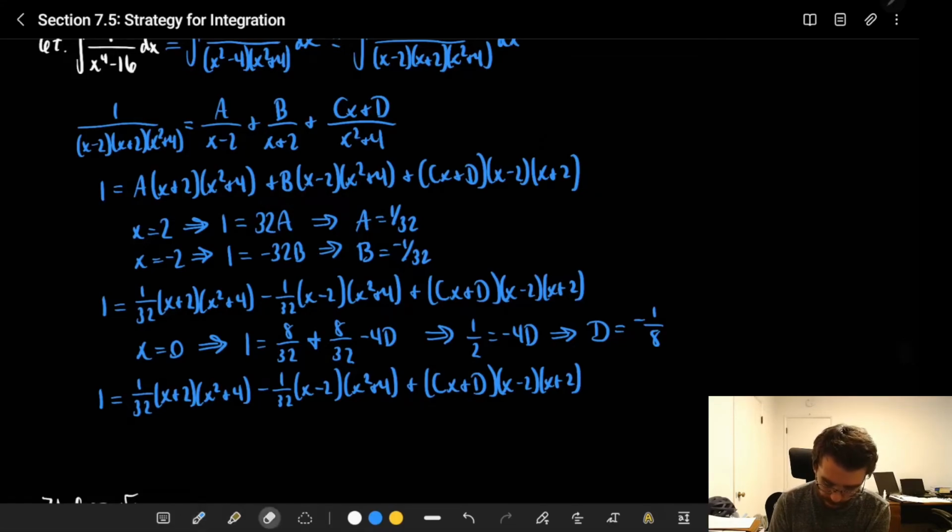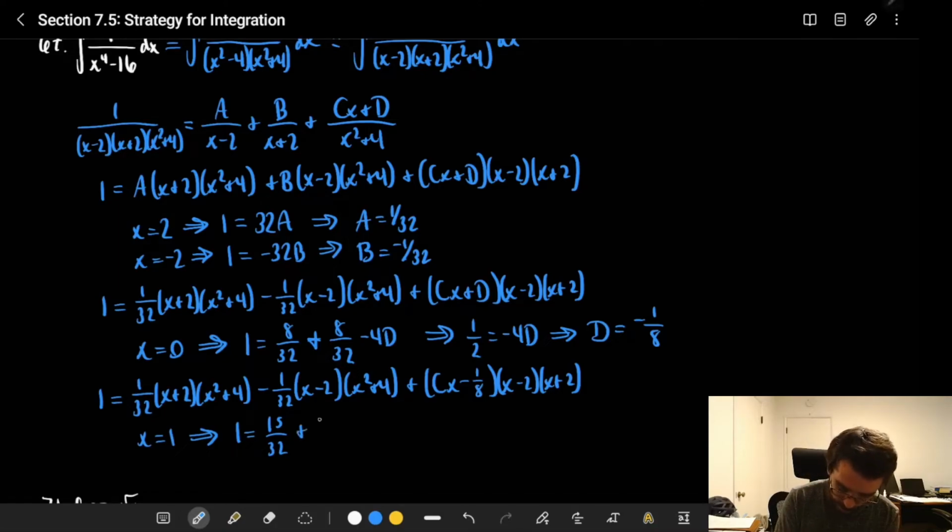So I copied it, and then we're going to paste in D here. And then, I don't know, we plug in 1 or something. If x equals 1, what do we get? We get the equation 1 equals 3 times 5 is 15 over 32. If I plug in 1 here, I get negative 1, so the negatives cancel.